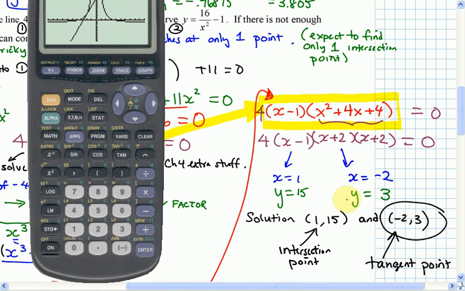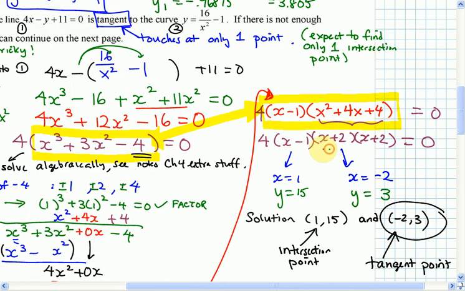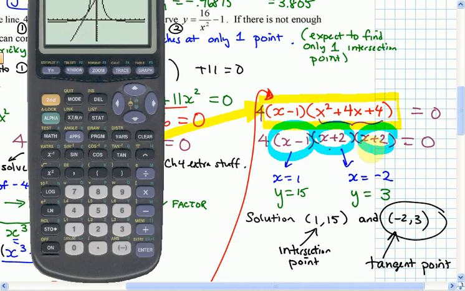Well, most of the times when you factor, these factors, and I'll circle them, are usually all different. But this one, look, two of them were the same. When they are different, you should have not just one, not just two, but three different intersection points.